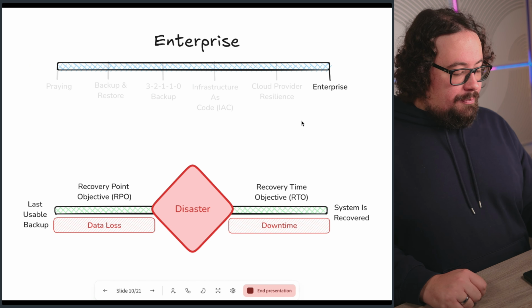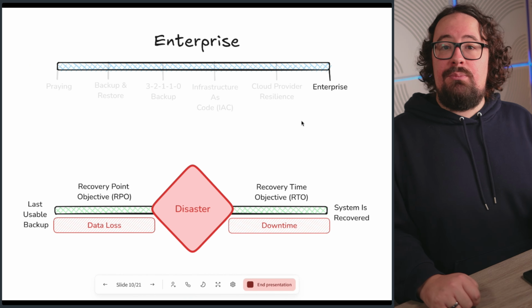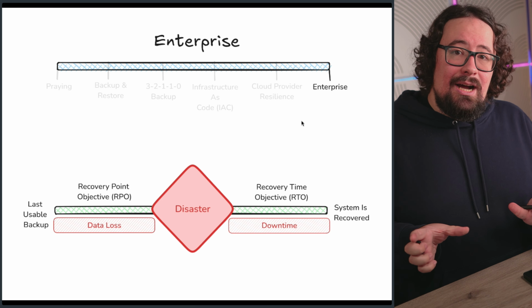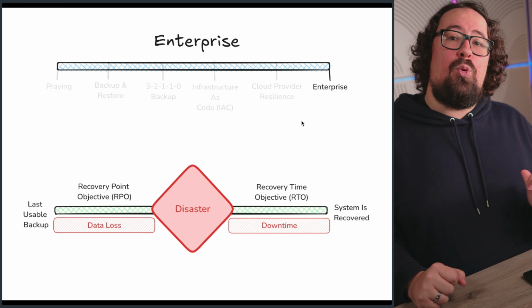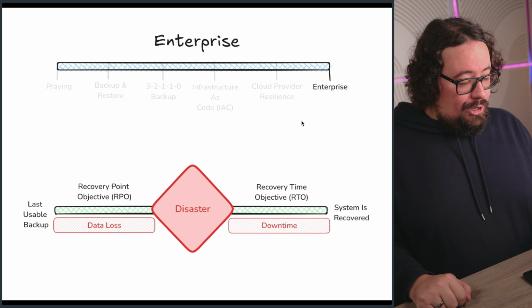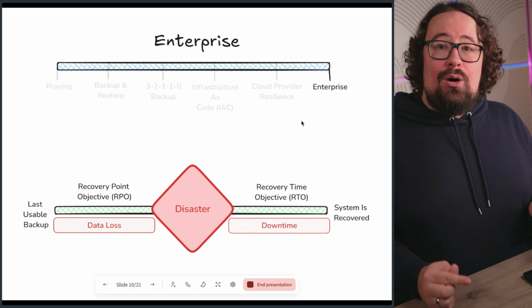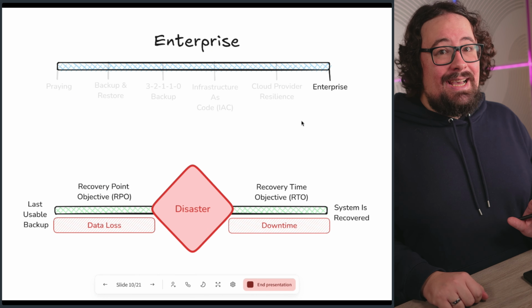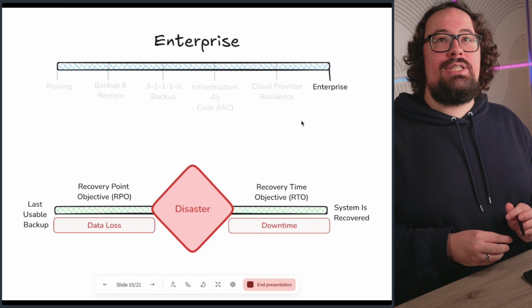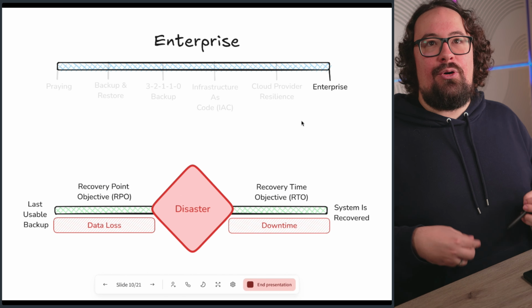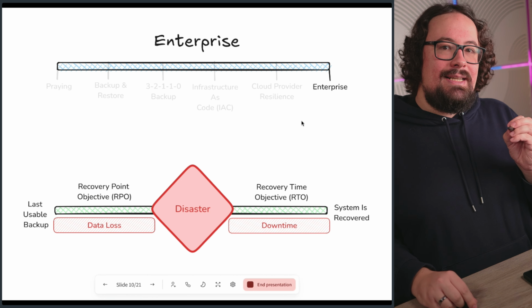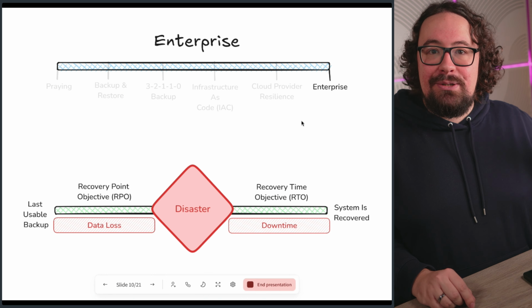Now, when we're talking about RPO and RTO, usually a few questions come up. For example, how much data can you afford to recreate or lose? And how quickly can you recover? And fundamentally, what is the cost of downtime to your organization? Not all enterprise companies come into this discussion the same. You tend to find that online shops like Amazon tend to have a more critical understanding of downtime than things which are, let's say, government funded or institutional, because if a customer isn't able to do something in a certain period of time, it doesn't necessarily mean that they won't do it when the system comes back online, right?